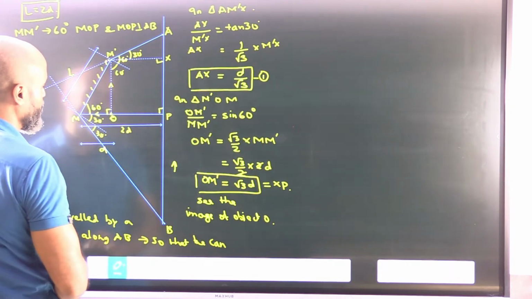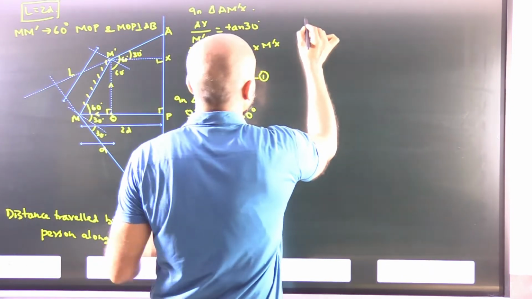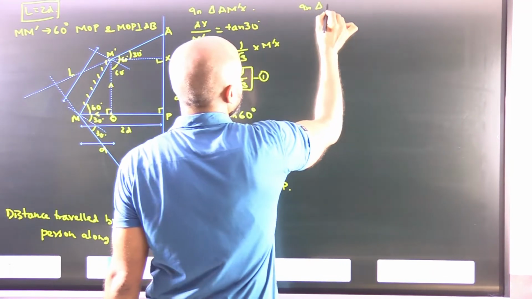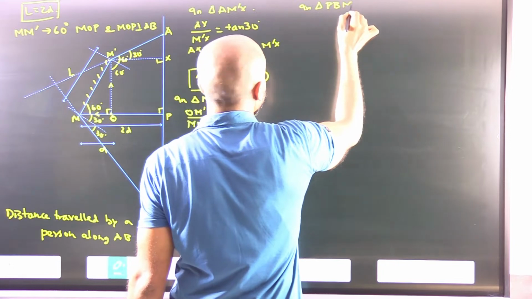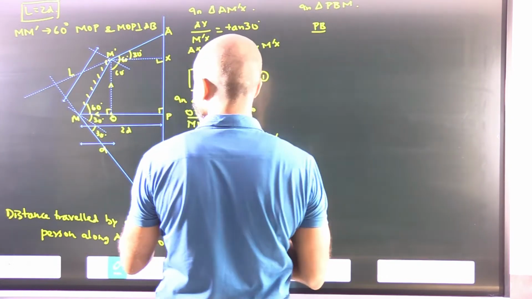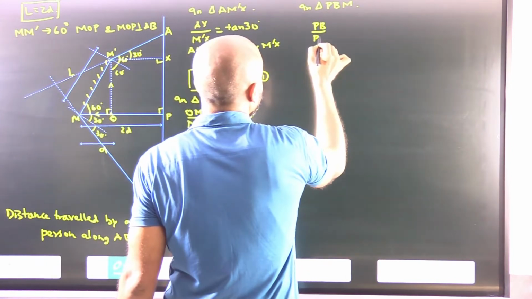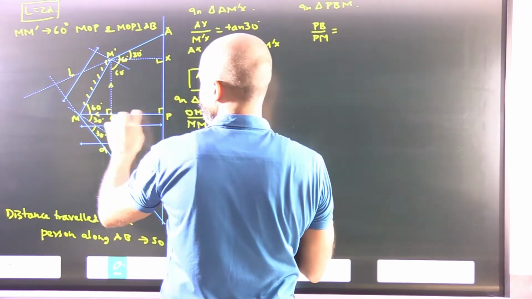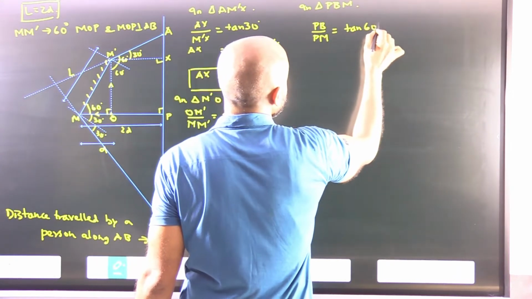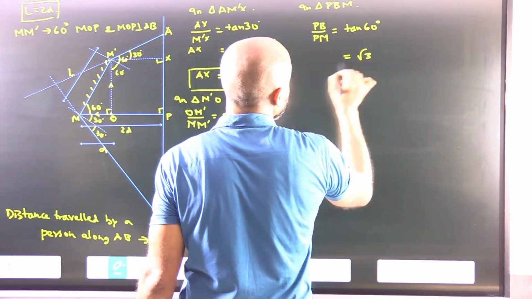We have to calculate PB now. So in triangle PBM, PB by PM will be equal to tan of 60, and tan of 60 is under root 3.